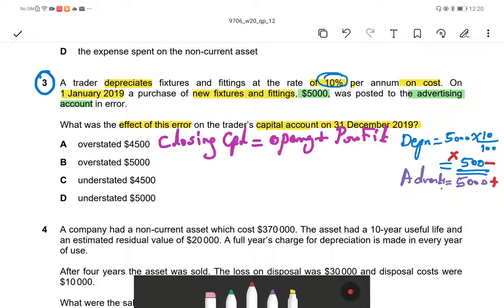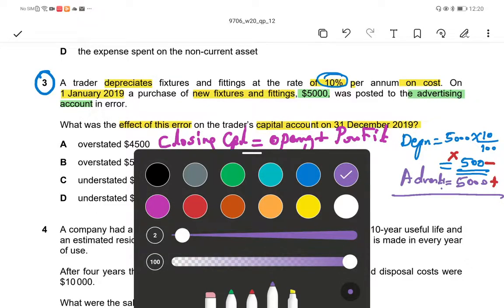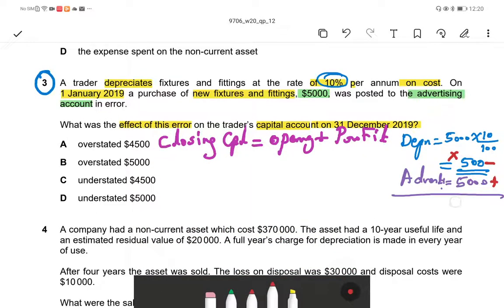So what is the net effect? In the income statement, 4,500 more is in the expense.